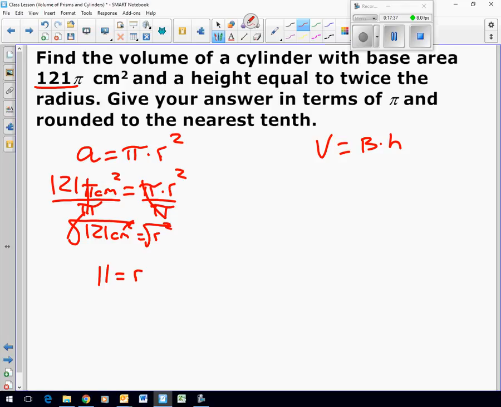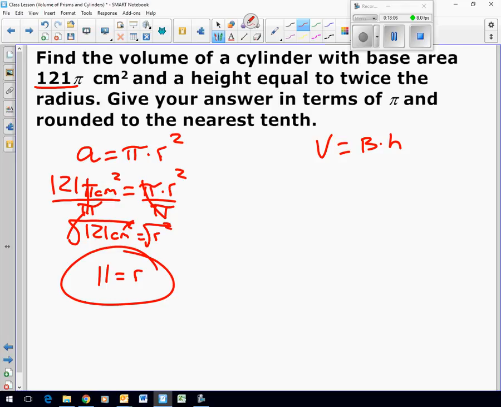Now there's an interesting thing. I've got that the radius is 11. Is that my answer? Give your answer in terms of pi. Find the volume. I'd say no. What am I trying to find? The volume. What did the radius help me get in this problem? Read the problem, guys. The height.